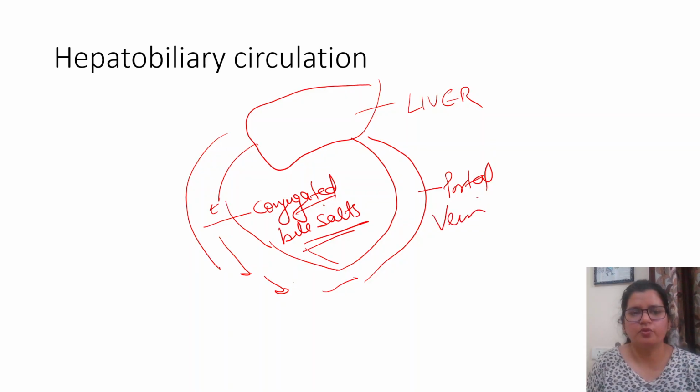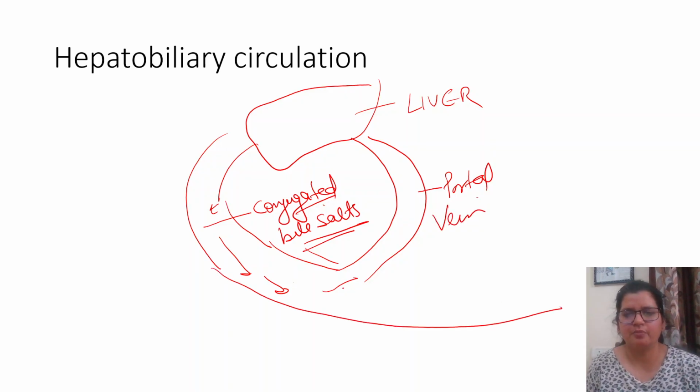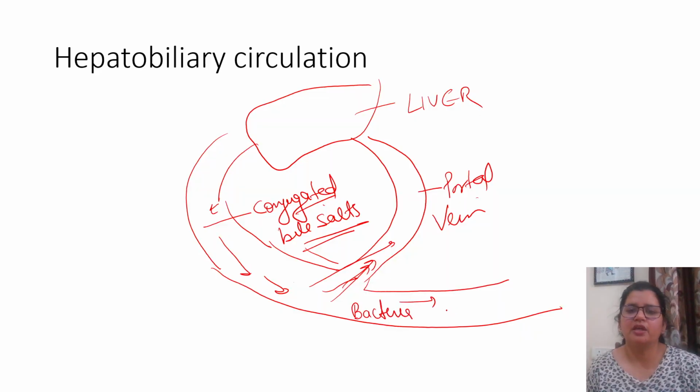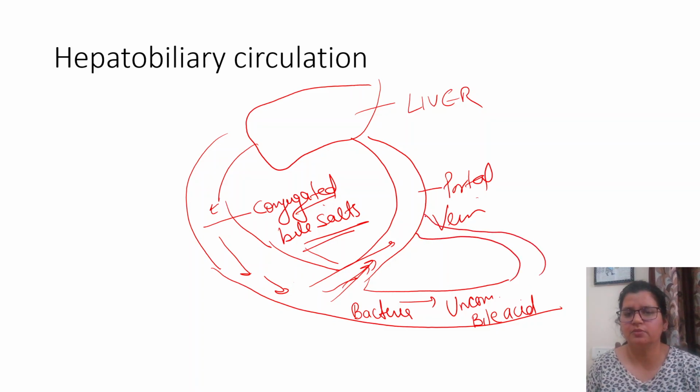From your gut, via portal circulation, the conjugated ones are absorbed back, and then bacteria convert them again into the unconjugated form, that means primary and secondary bile acids. These bile acids are again absorbed from the terminal ileum or colon into the portal vein, and around 5% is excreted in feces.